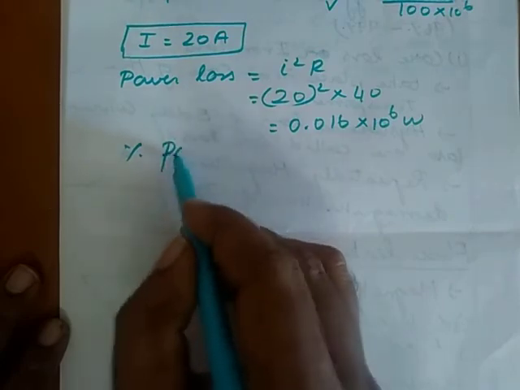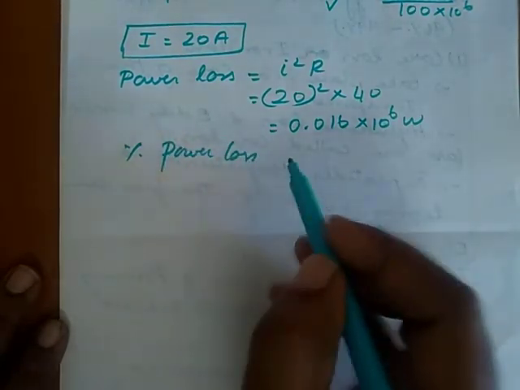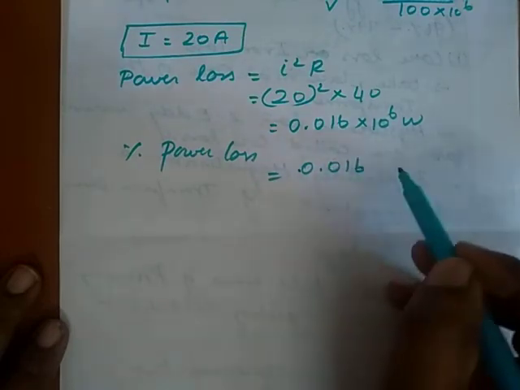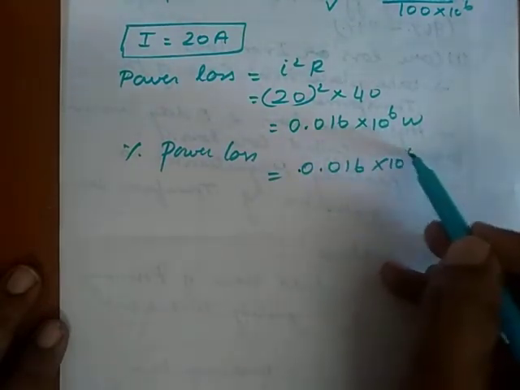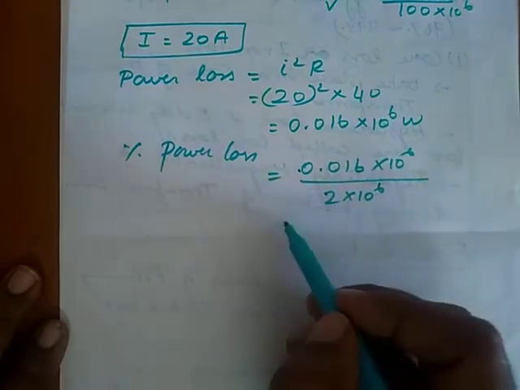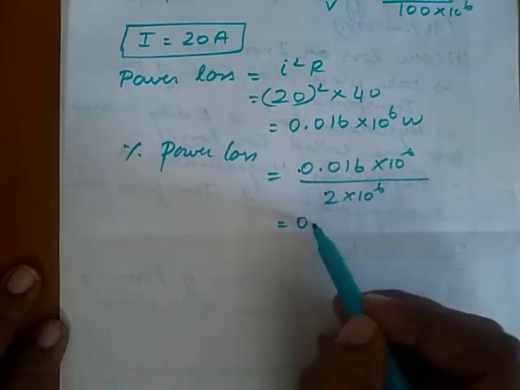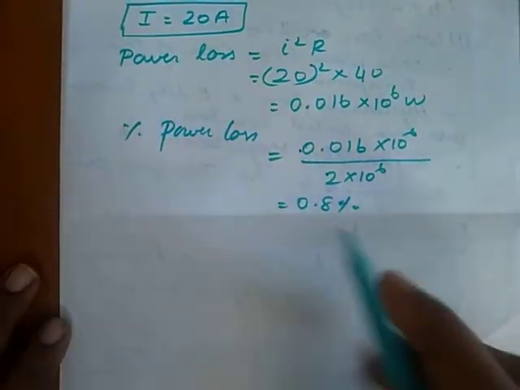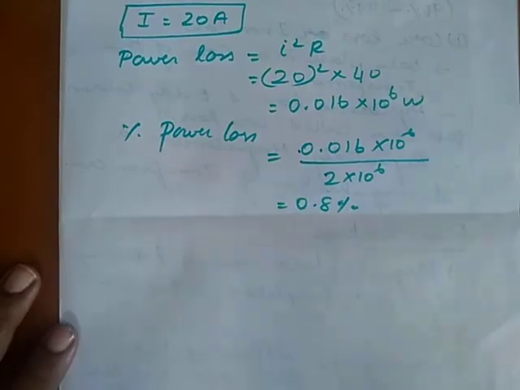Okay, then let me see the percentage of power loss, that is equal to lost power into 10 power 6 by applied power, that is 2 into 10 power of 6. Then solving this we get 0.8%. Okay, here less than 1% of power is lost.